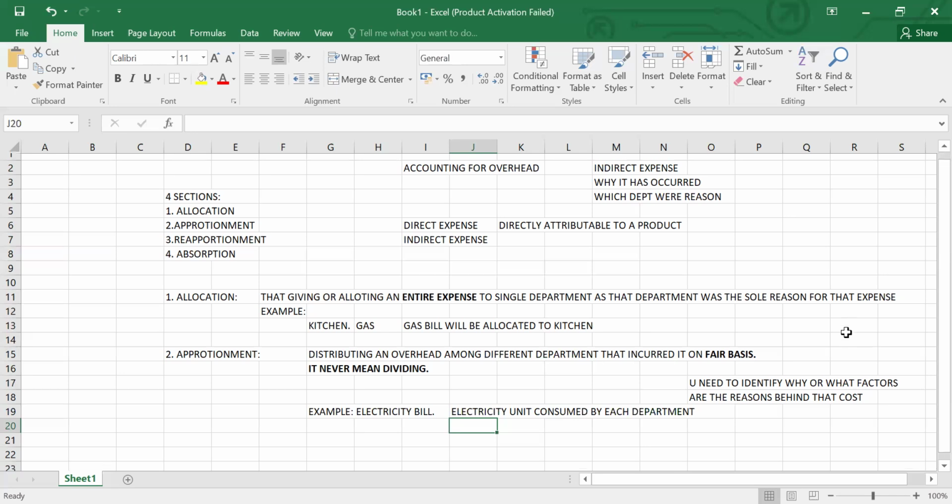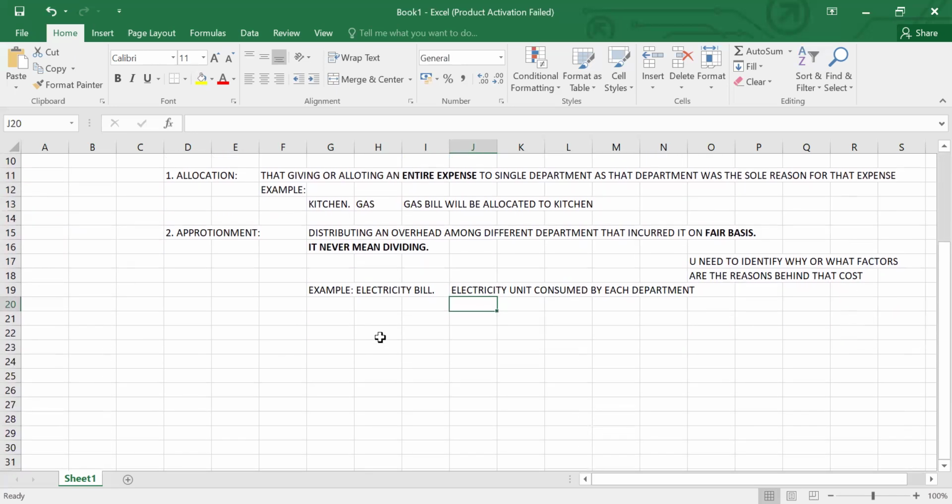Let me explain this in this way. You have four departments in a business: A, B, C, and D. Department A is just 500 square meters. Department B is the largest department, at 2,500 square meters.